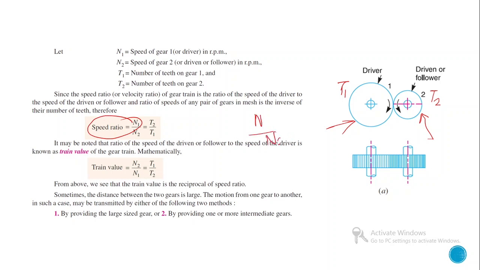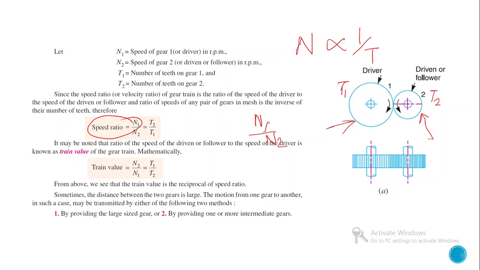N1 by N2. Speed ratio is equal to N1 by N2, and we know that speed is inversely proportional to the number of teeth. If the number of teeth increases, then the number of rotations decreases.